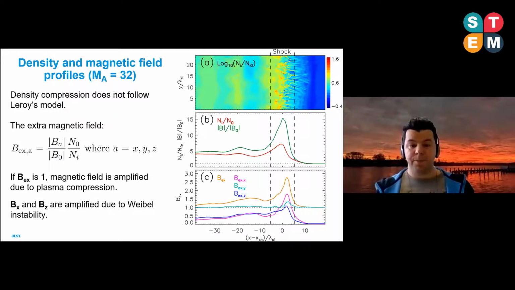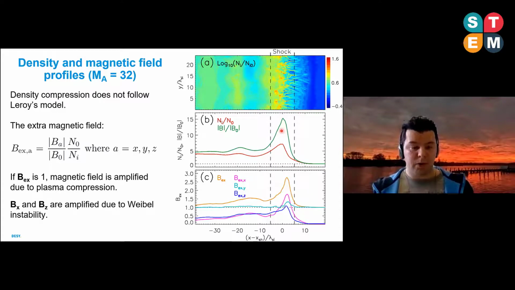Looking at the simulation data, we see that the profiles for the density and for the magnetic field diverge. Essentially, you create much more field compared to the compression.